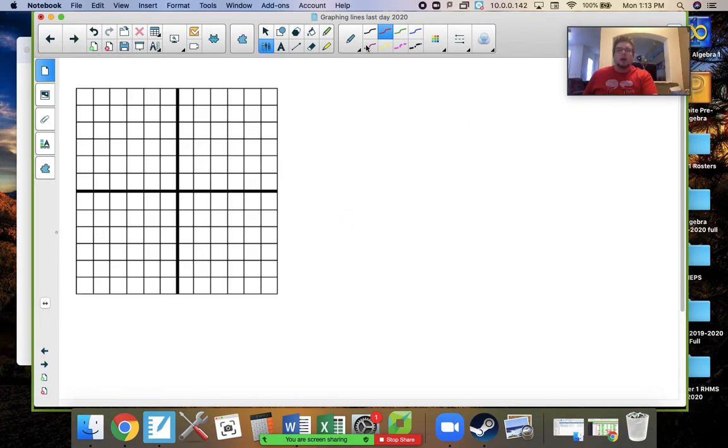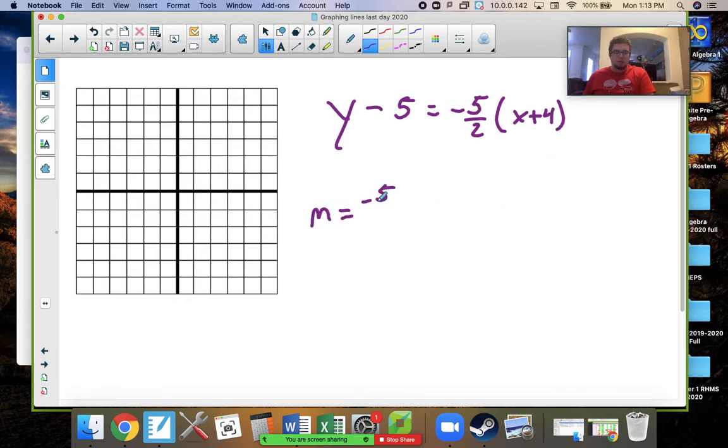If I want to graph one of those lines, we do the exact same thing we just did on those problems. I grab my slope, -5/2. So that's telling me how my line is going to be slanted.